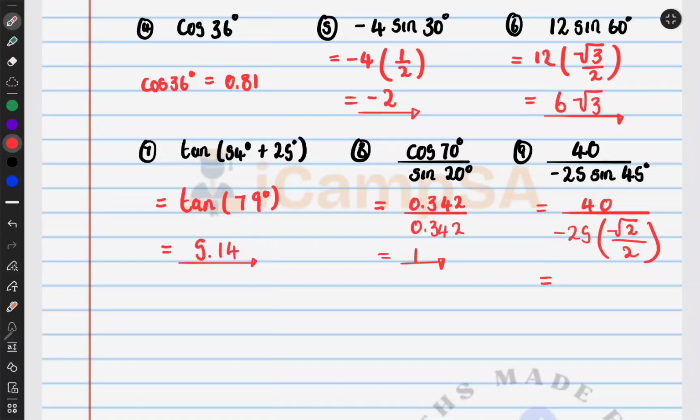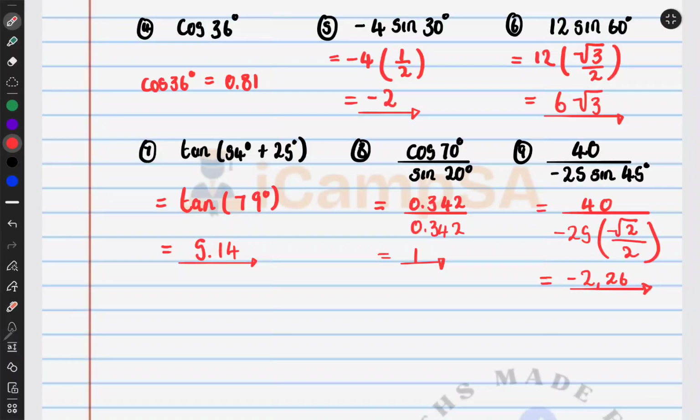You can start by maybe simplifying the bottom or the top. Either way, 40 divided by negative 25 into root 2 over 2, to 2 decimal places, this is going to be equal to negative 2.26.